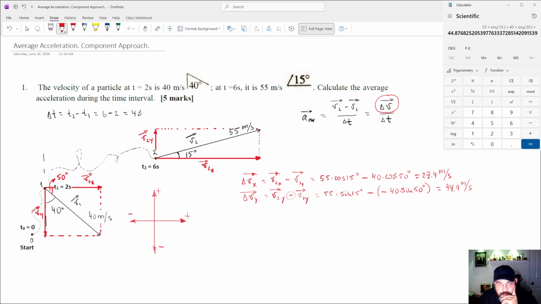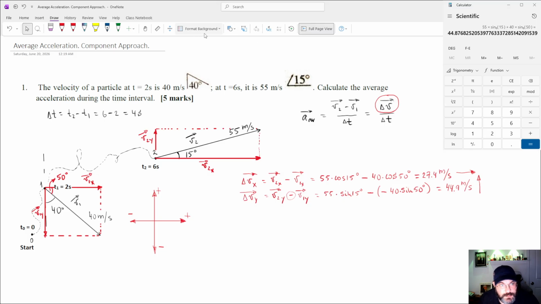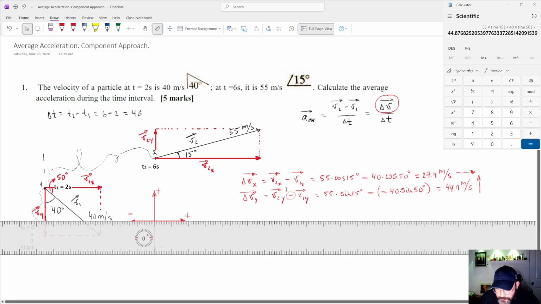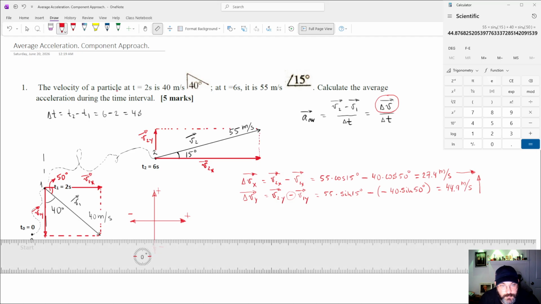Okay, so we have two components, both of them positive, right? So that means this is pointing to the right, and this is pointing up. Now we need to recreate our resultant vector, delta v. So let's do it up to scale more or less.